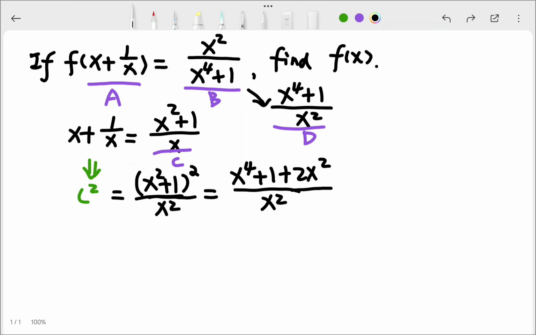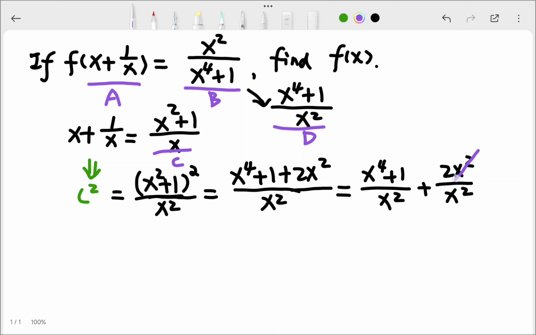When we compare this with d, the extra is 2x squared in the numerator. So let's separate that from the rest. The reason why we can do it like this is because 2x squared is in the numerator, not the denominator.